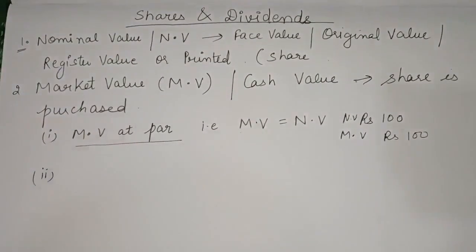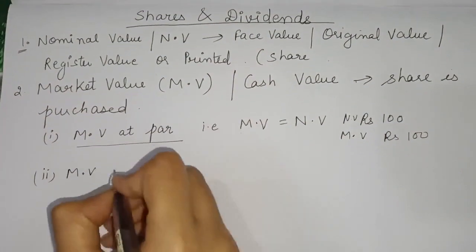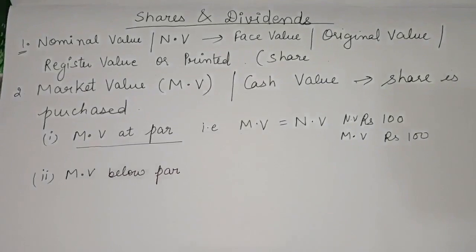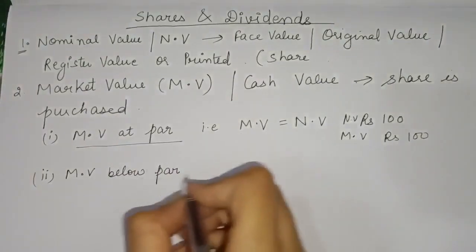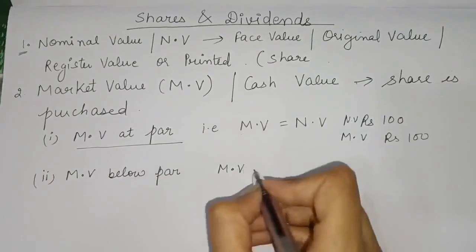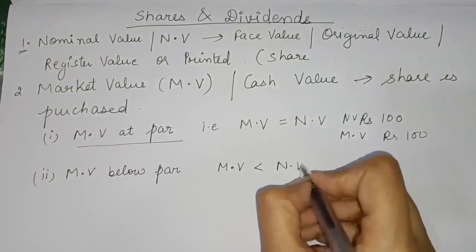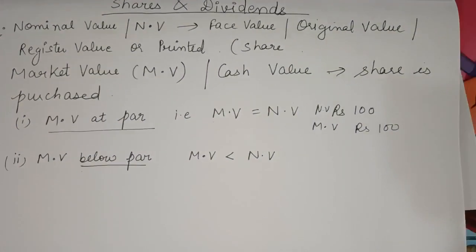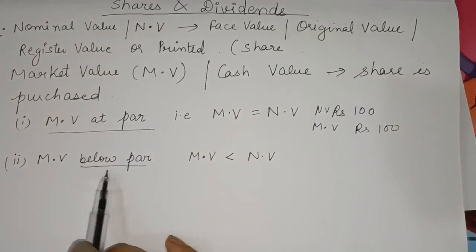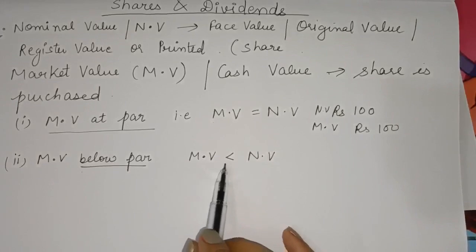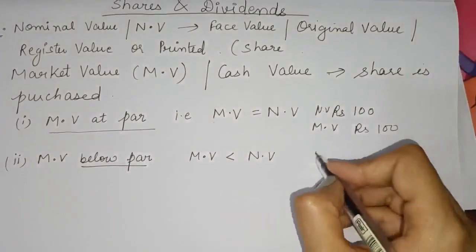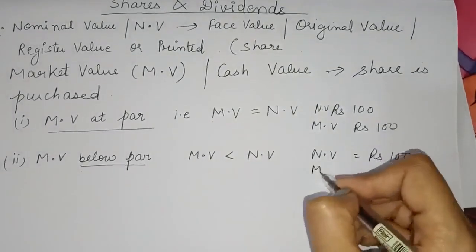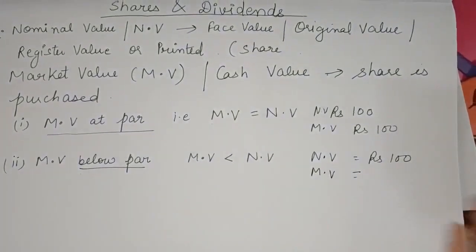Second case, market value below par. So market value below par means when market value is less than nominal value. Below means something less, you can remember from word below also. So if nominal value is rupees 100, that means market value will always be less than that.